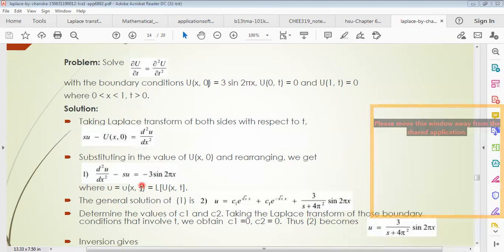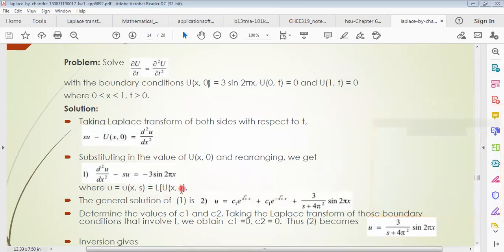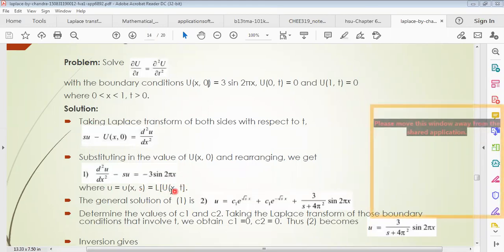This now becomes a function of x, s, which equals the Laplace transformation of u(x, t). Remember it. The Laplace transformation of u(x, t) can be written as U(x, s).